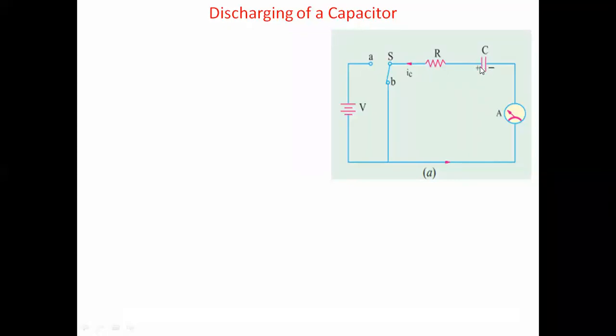On these plates, one side it is electrons and another side it is positive charge carriers. So when there is a negative charge carrier, there are positive charge carriers also. So when we connect switch S to B, the charge carriers flow in this direction, and that represents the current.